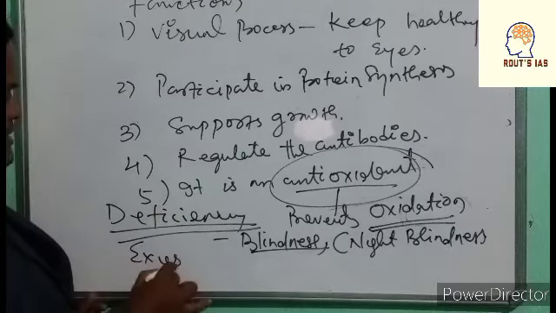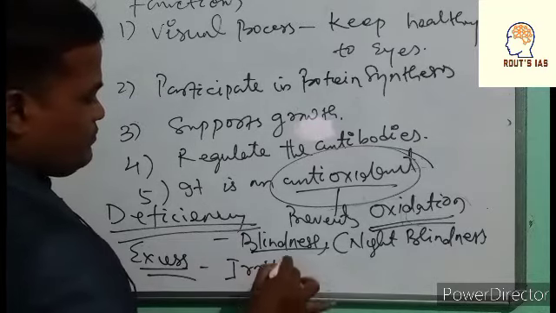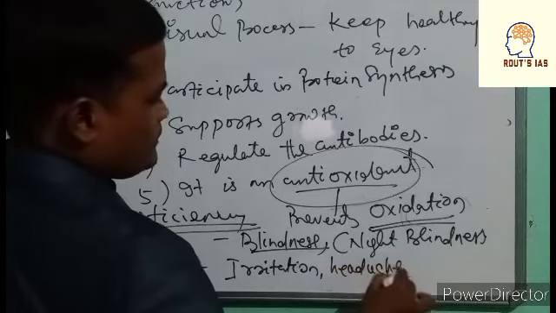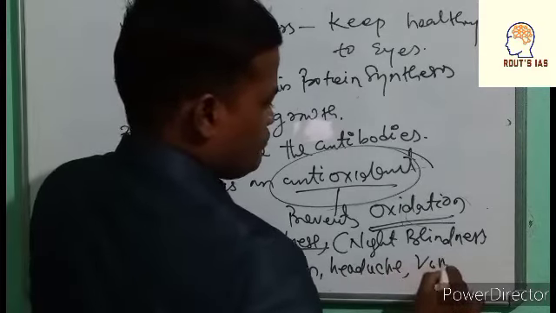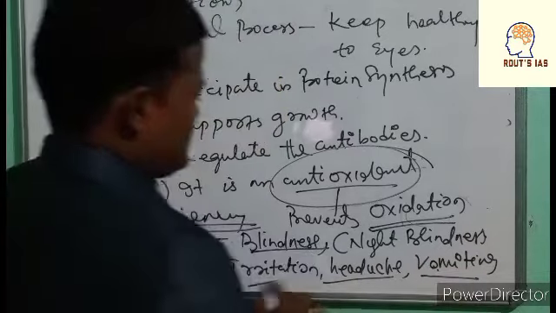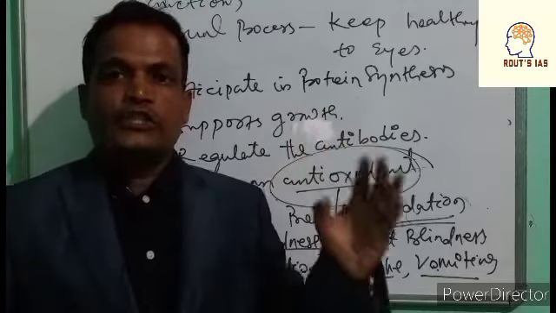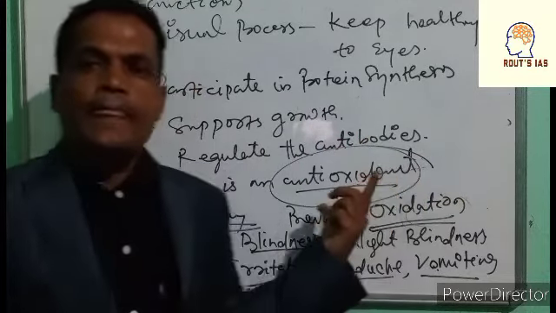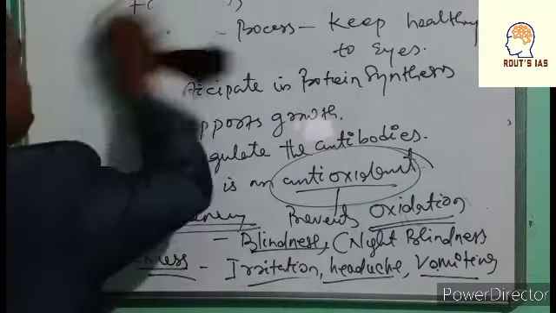If excess vitamin A is taken, it causes irritation, headache, vomiting, and nausea. So already we have discussed vitamin A, its sources, its functions, its deficiency and its excess. Next we are going to discuss vitamin D.